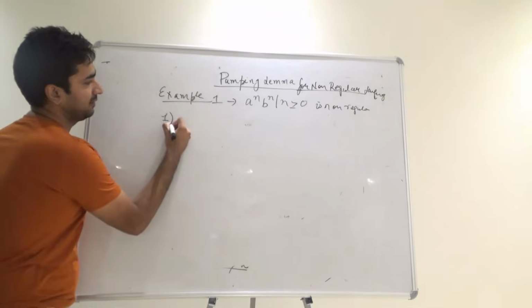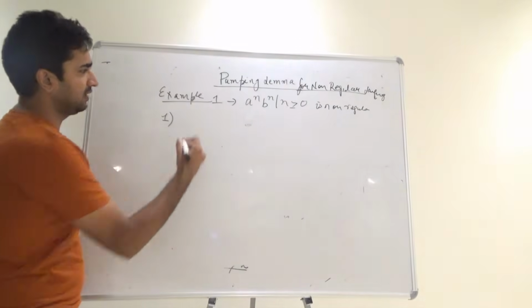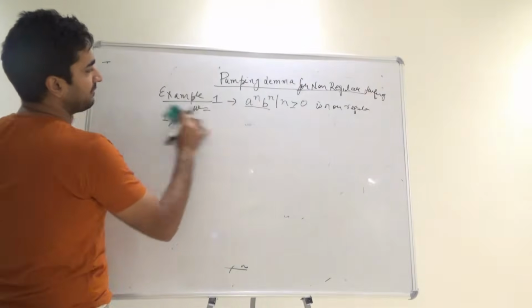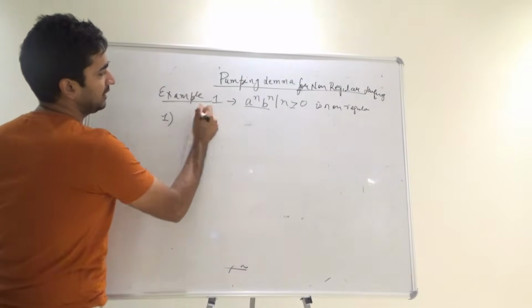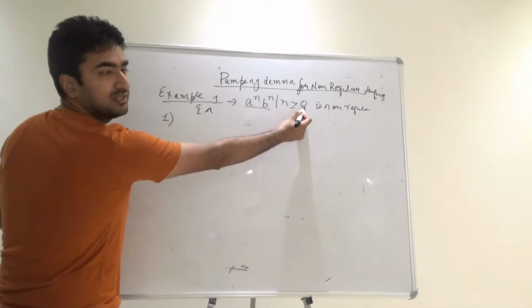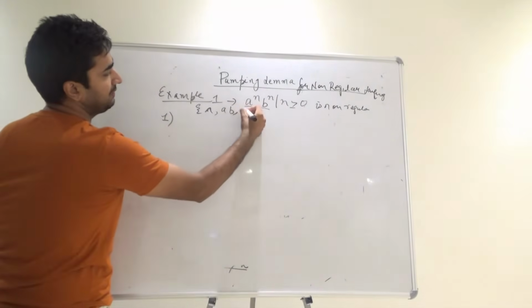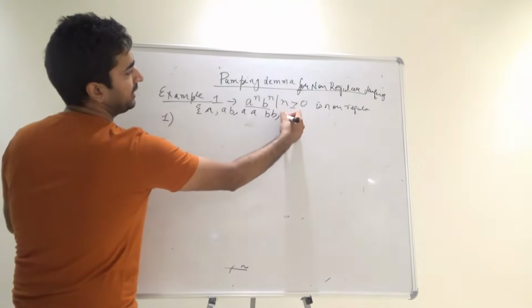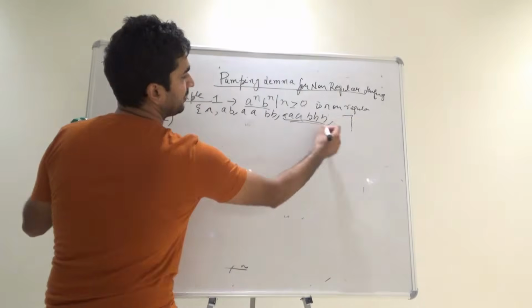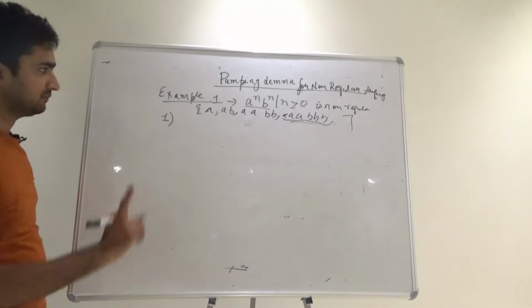First thing, I assume a string. a^n b^n can give us ab, it can give us null because n value is 0, it can give us double a double b, triple a triple b. So I am considering this string, triple a and triple b.